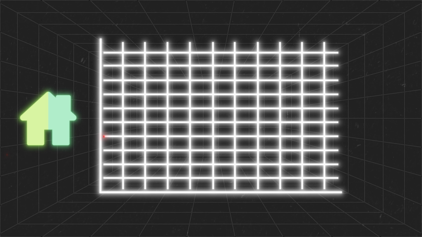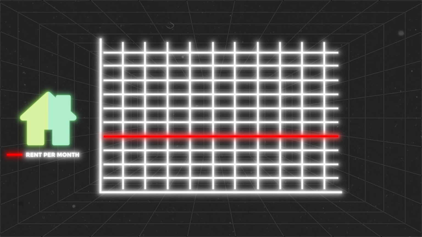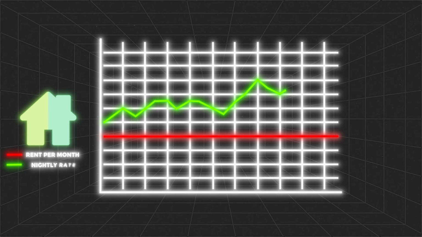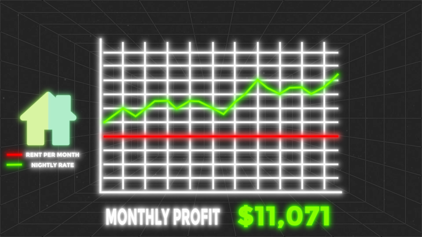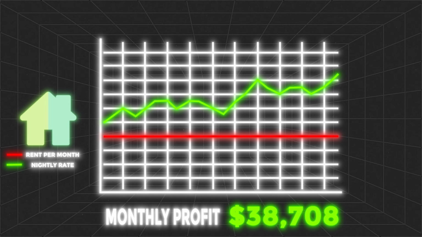Let's jump right in. The first thing is, what exactly is Airbnb arbitrage? Airbnb arbitrage is the process where you rent a property at a fixed monthly rent, and then from there, you charge a higher nightly rate and overall generate a revenue that would allow you to make a monthly profit.